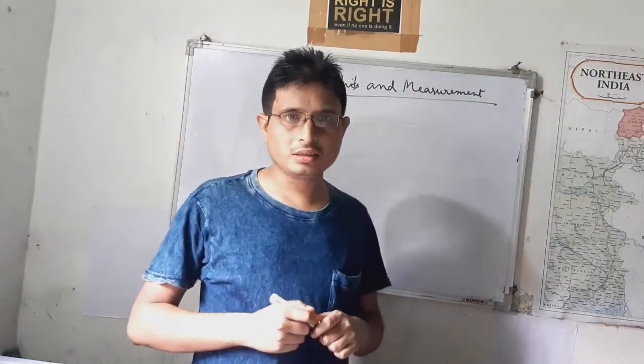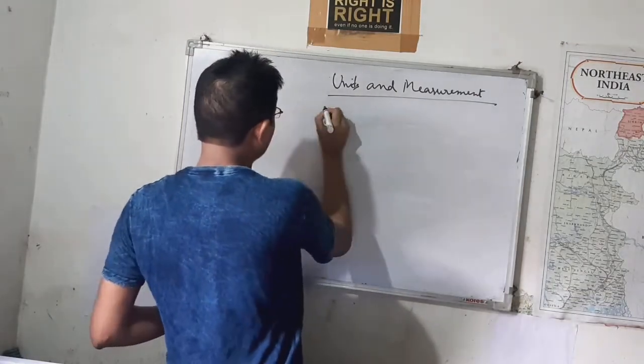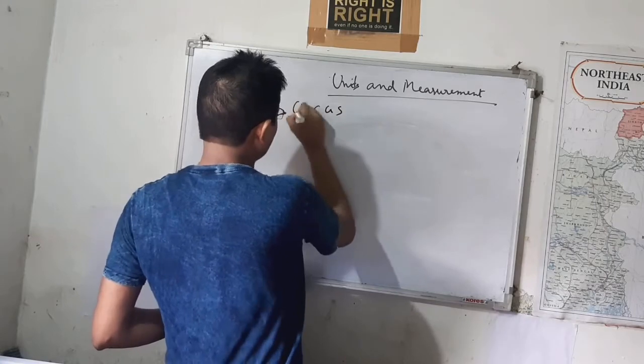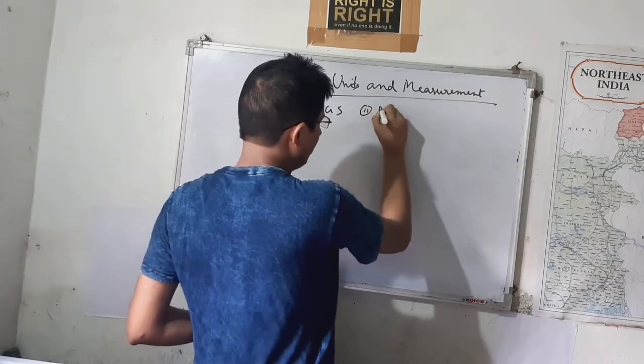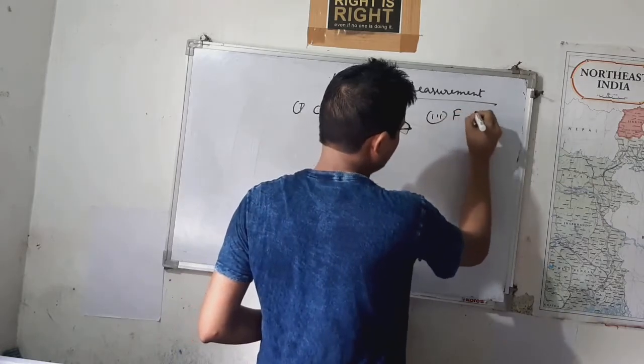There are three systems of units. One is known as CGS, another is MKS, and the third is FPS.